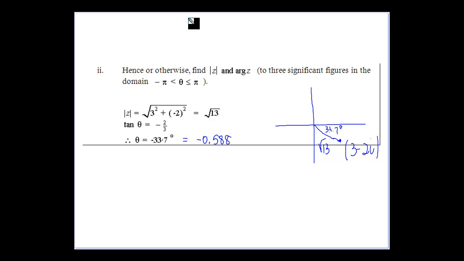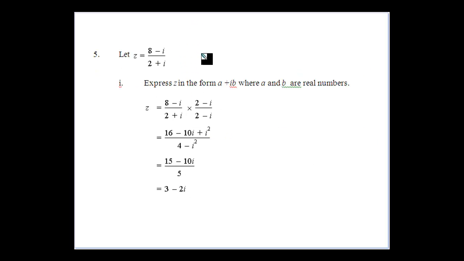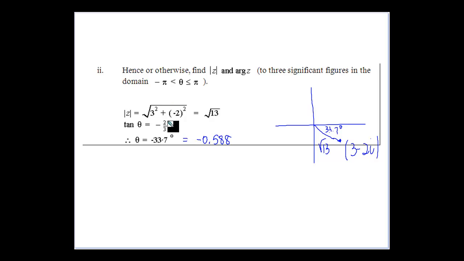Now that I've got down to 3 minus 2i, I can substitute to get the modulus, and the argument would be inverse tan of minus 2 on 3. It's 3 minus 2i, so it's in the 4th quadrant, which gives us an angle of minus 33.7 degrees, or in radians, minus 0.588, which is what they wanted. They want 3 significant figures in the domain between minus π and π.